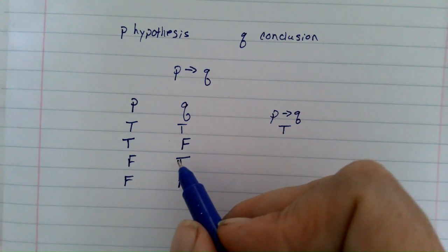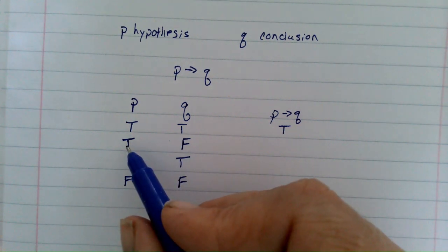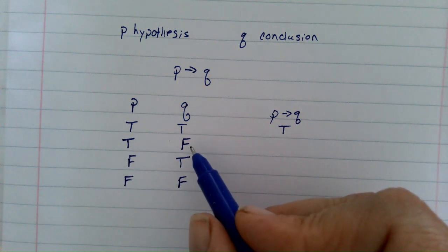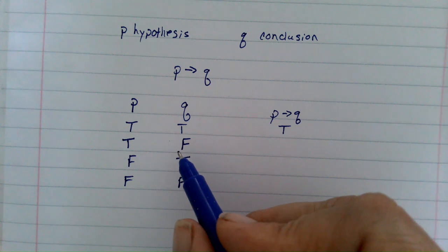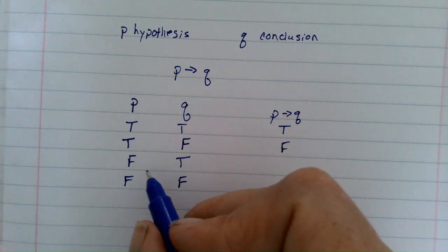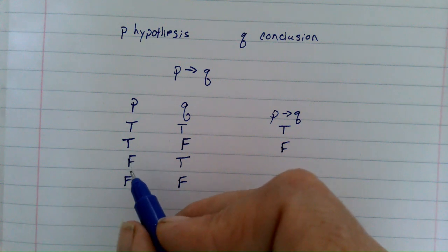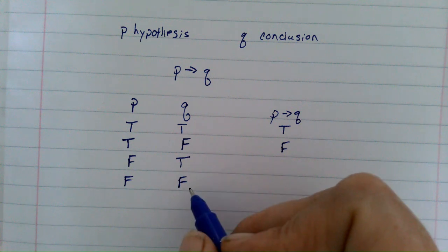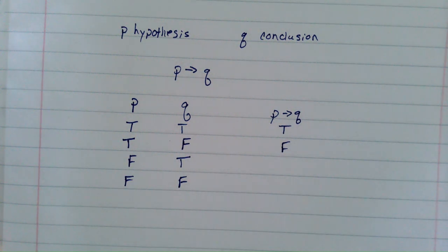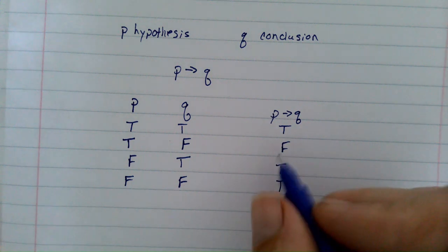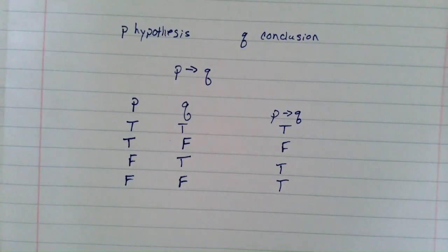Well, if you cleaned your room and then they didn't let you go to the game, is that telling the truth? No. Well, if you didn't clean your room, then it doesn't matter about the conclusion. You're not going to the game. So these are okay. And that's how the computer is going to read it.